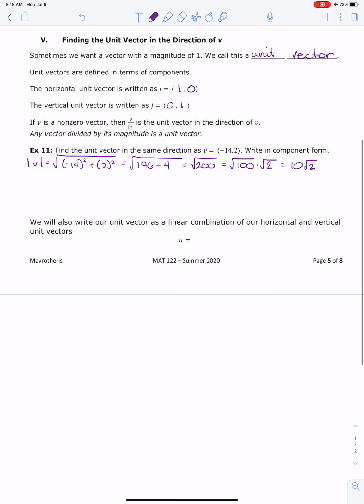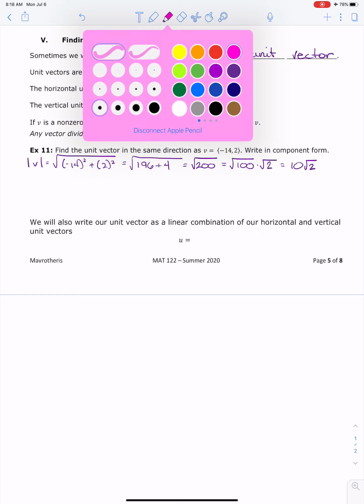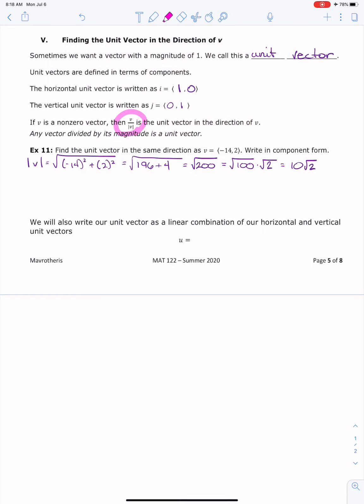So I want a unit vector in the same direction as that, and I'm going to take a look at what it told me I needed to do right here. I'm going to take my vector v and divide by that magnitude. And so I've got negative 14 divided by the length, 10 square roots of 2, and I have 2 divided by 10 square roots of 2.